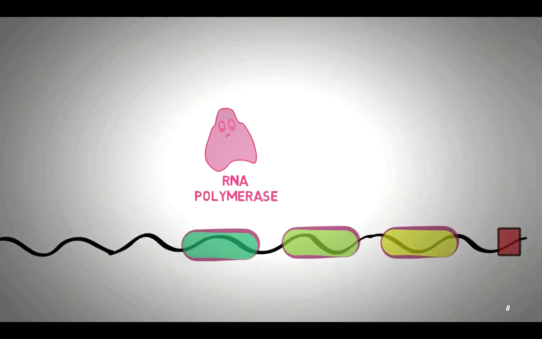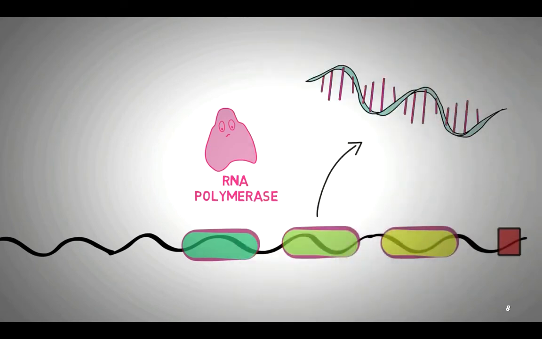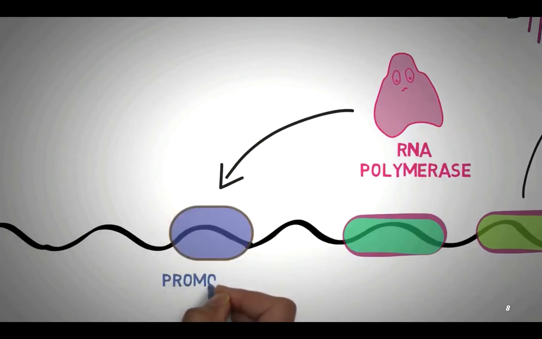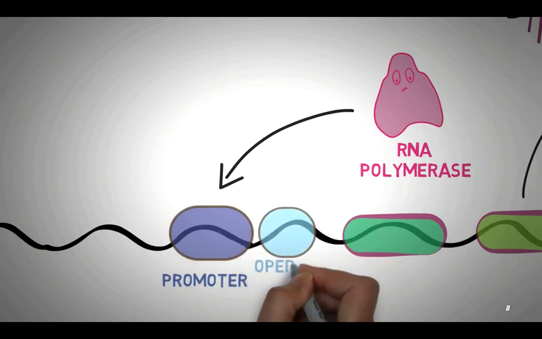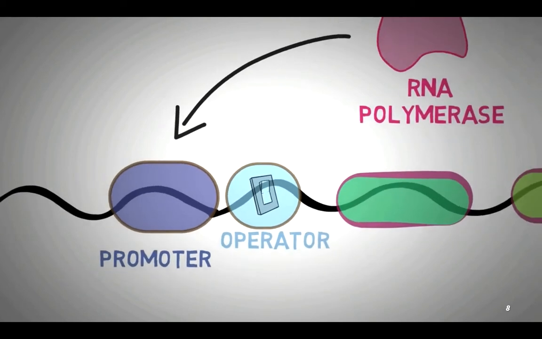We have our enzyme RNA polymerase that has to copy the information of three structural genes of Lac Operon onto an mRNA. RNA polymerases always bind at a site located just behind the structural genes, and this is known as the promoter. Just in front of the promoter, we have our operator, and you can remember the operator as a switch which can be turned on or off.